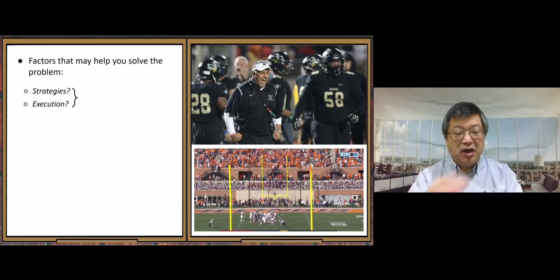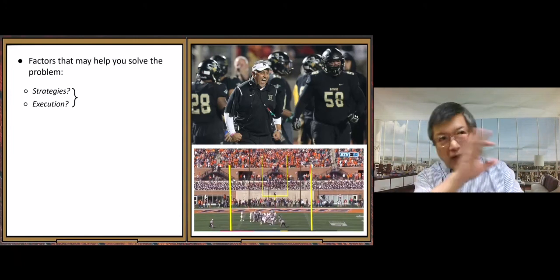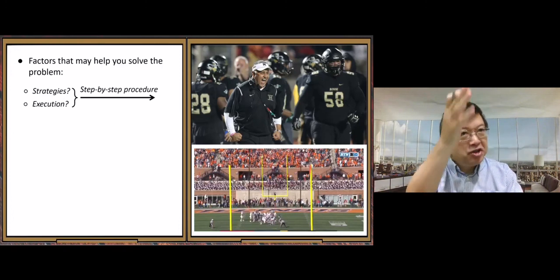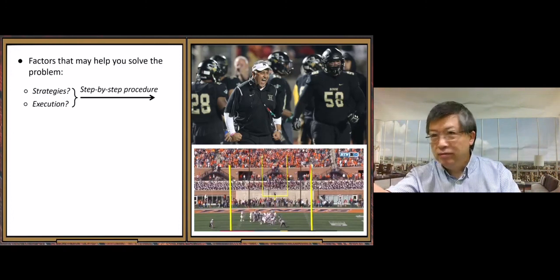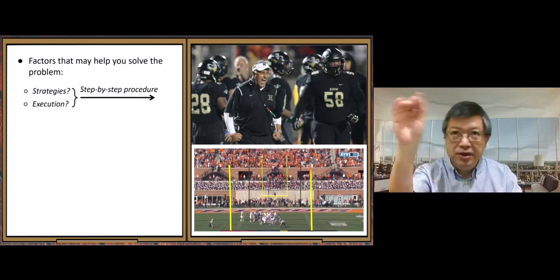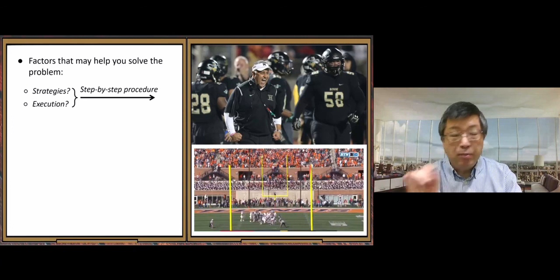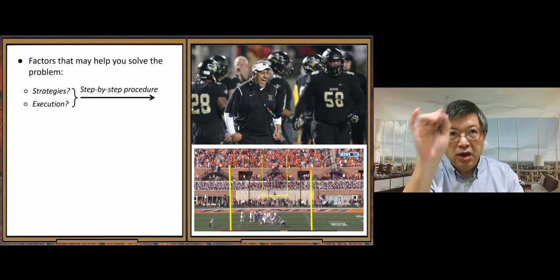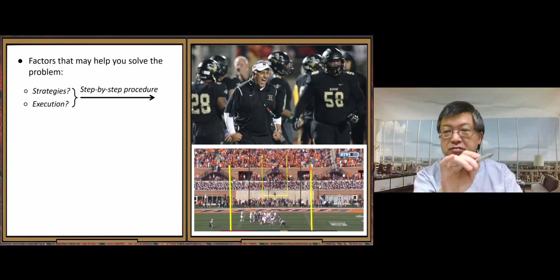Okay? All right. So let me summarize these two factors to get to our algorithm. So what is an algorithm? A step-by-step procedure, because after you get a complete algorithm, you need to have a step-by-step procedure. And this procedure contains strategies, because you may need to use multiple strategies, not one or two.